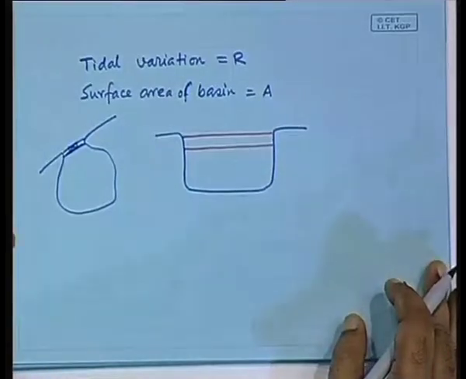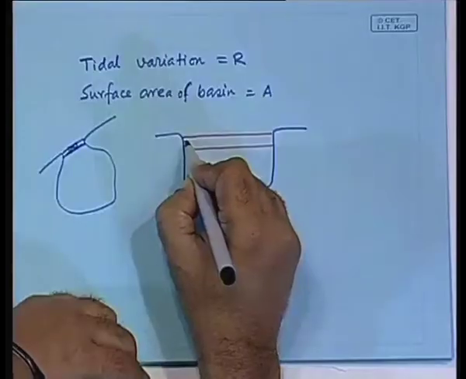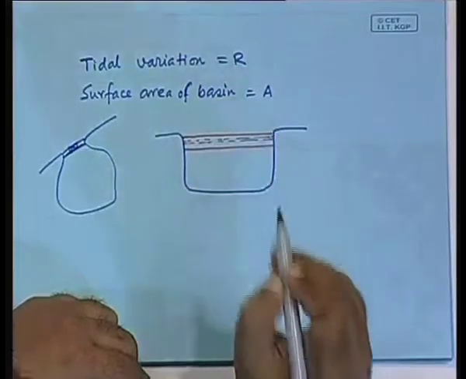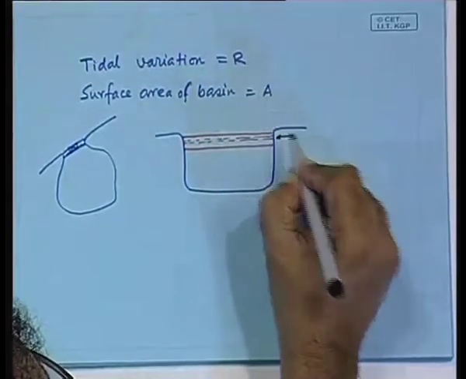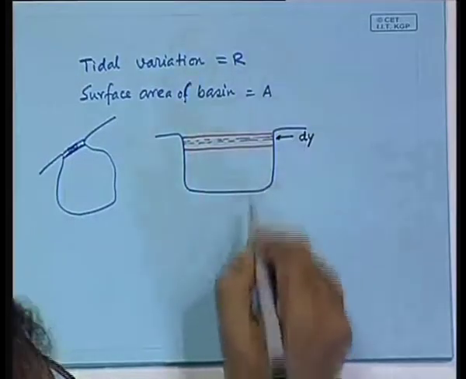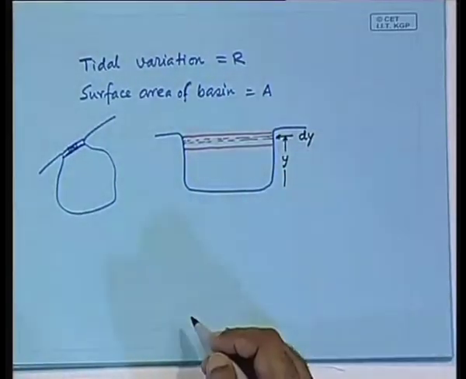Now, we are considering how much energy is available as the water goes from this level to this level. Essentially that is potential energy of the water. So, we will consider a thin slice of this water, say dy at a height y.